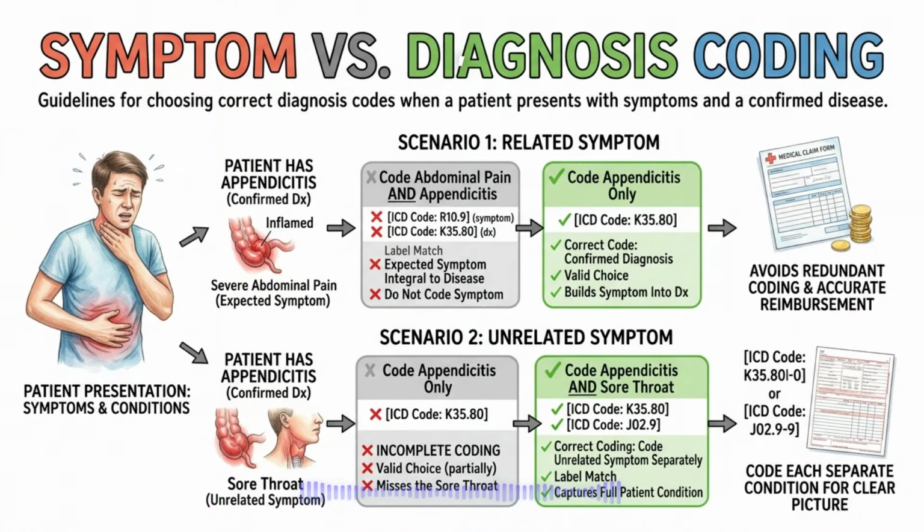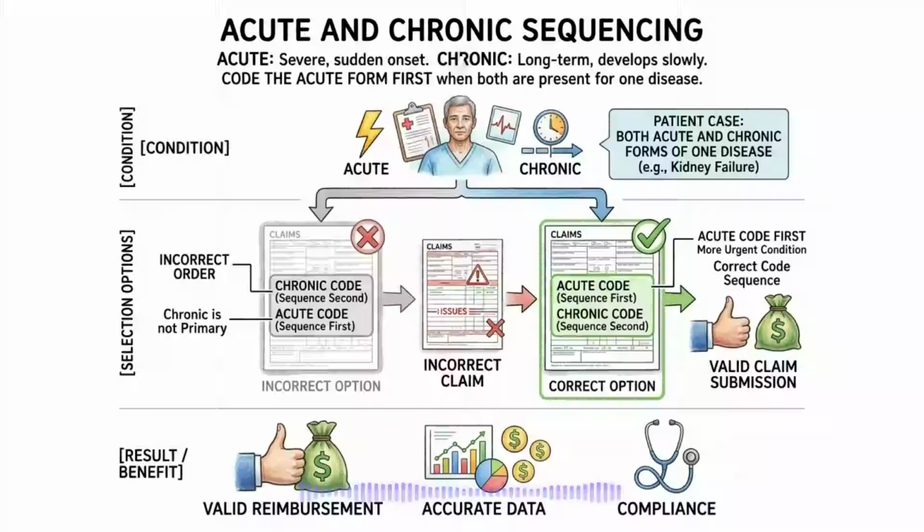However, if a patient has a symptom that is completely unrelated to their confirmed diagnosis, you would code that symptom separately. This rule prevents redundant coding and ensures the insurance company gets a clear picture of the patient's actual illness.